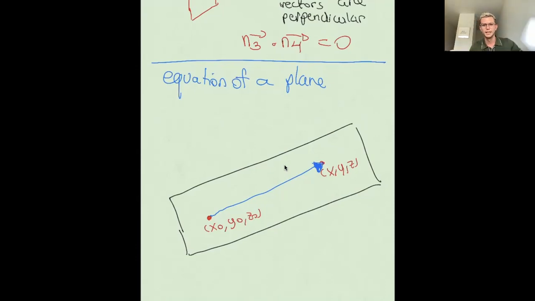What are the entries of this vector? It's like the vector from point P to point Q, the vector PQ. Q minus P, good. So this has entries x minus x naught, y minus y naught, z minus z naught. Is that making sense to everyone?